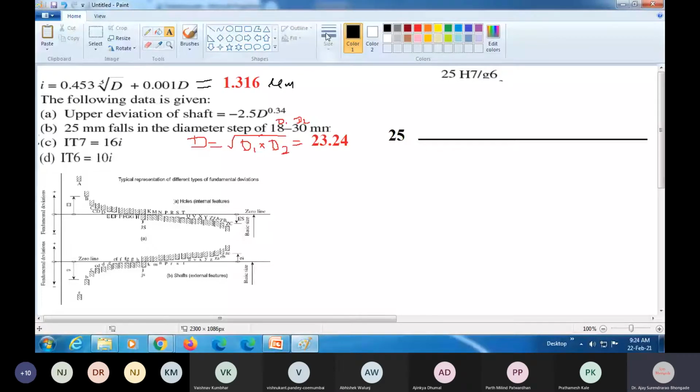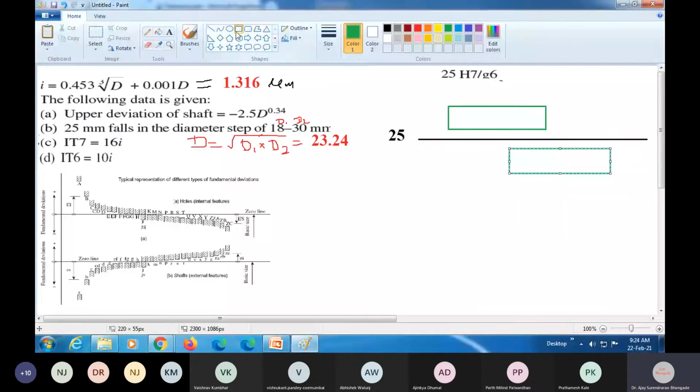This will be something sharp, and this will be the hole. Only thing I have to work out is the relative position of this, whether it is like this or something like this, right?